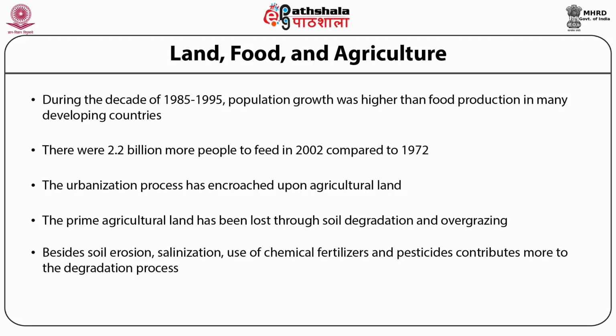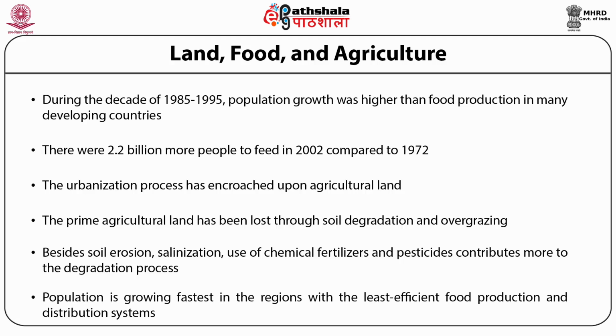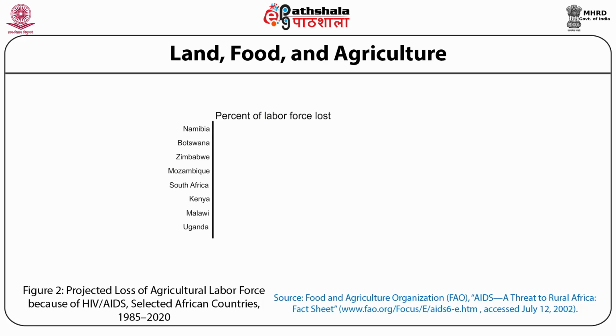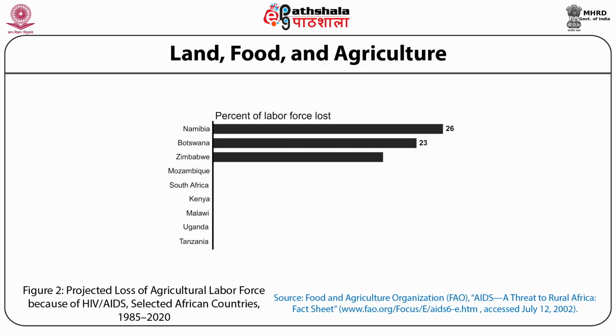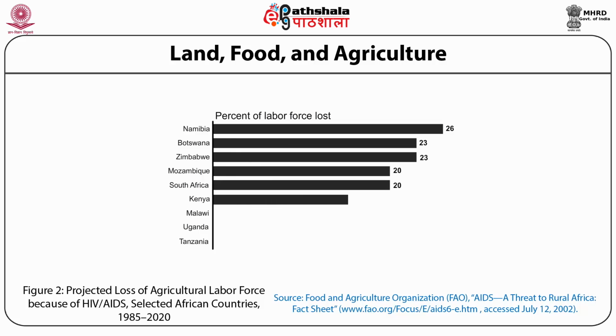It is to be noted that population is growing fastest in the regions with the least efficient food production and distribution systems. The disease food security linkage is intense in Africa. Agriculture production and food safety is threatened by AIDS in southern and eastern Africa.